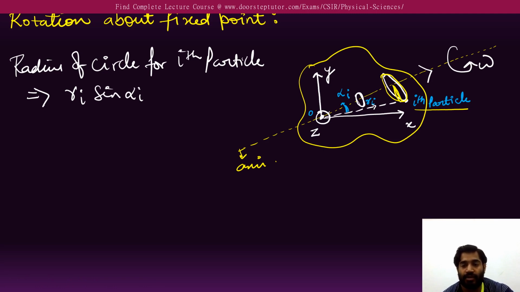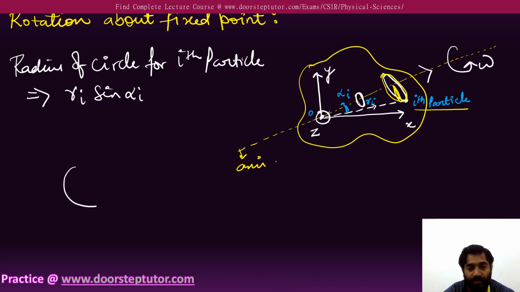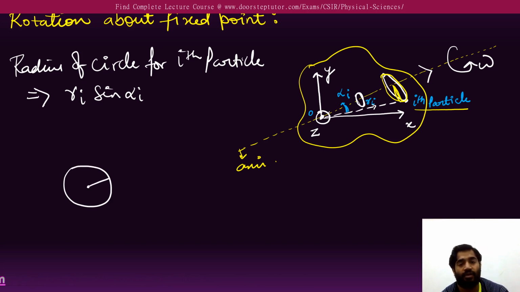Since the particle is rotating in a circular path, it has a certain velocity. For example, the circular path is like this, and this is the radius of that circular path, and the particle is moving with a velocity.